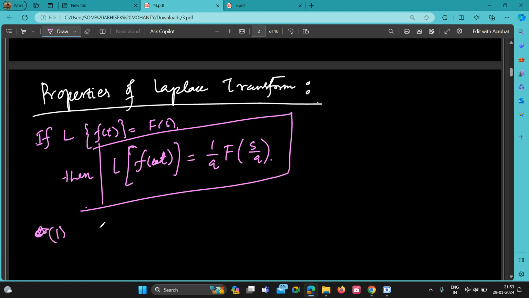This is called change of scale property.